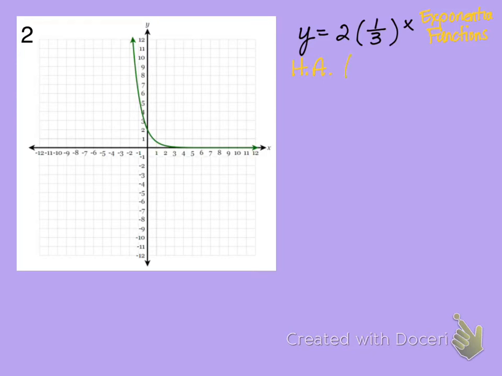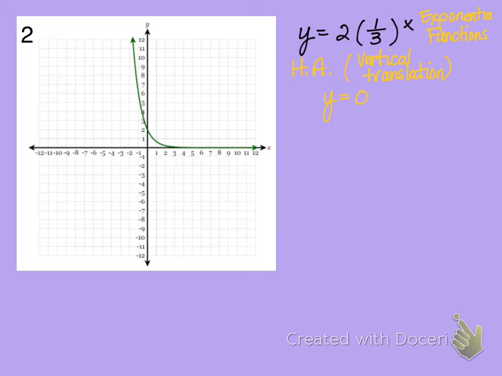So let's put a reminder here, vertical translation. Now, if you look at our function, there's no constant being added or subtracted to 2 to the 1/3 x. So for our problem, our y asymptote is going to be y equals 0.